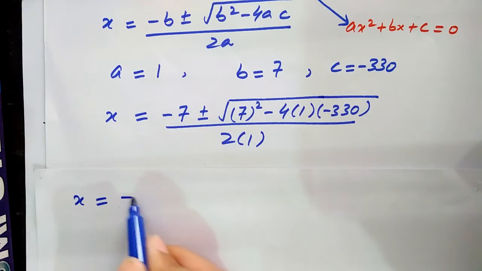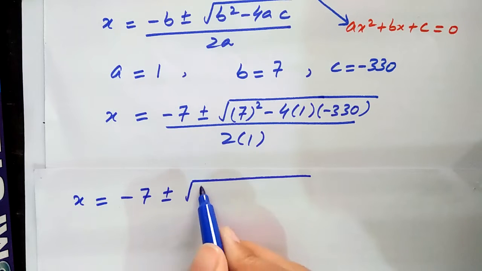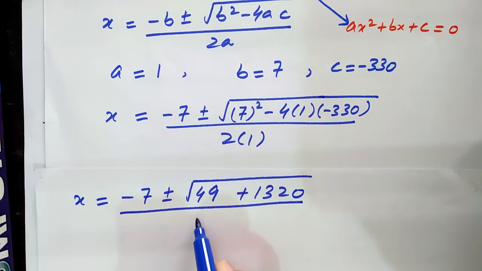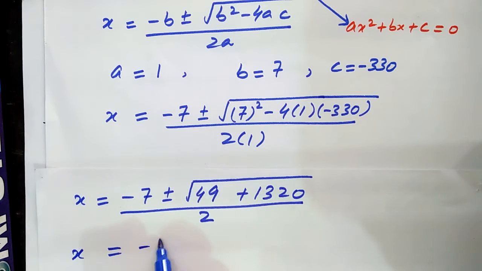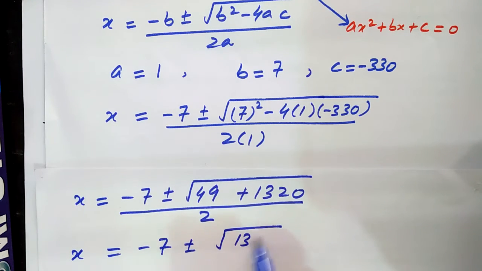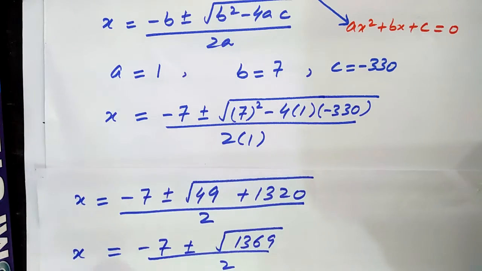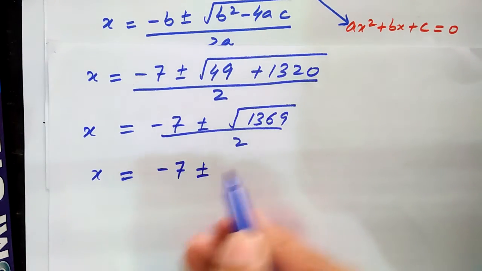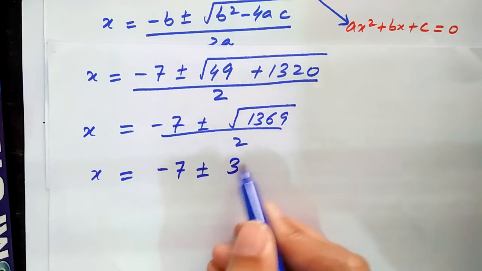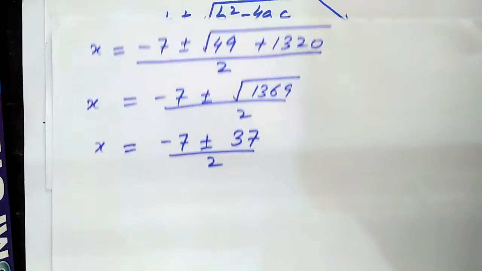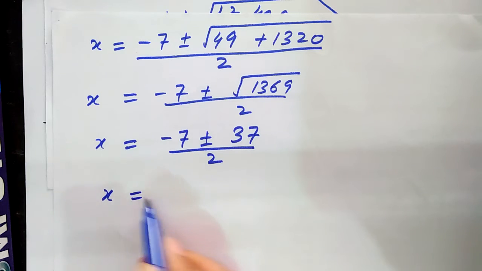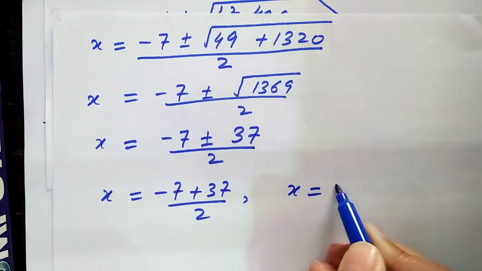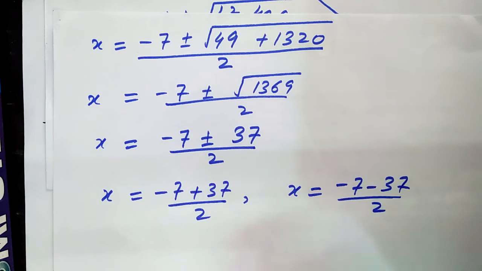So x will be equal to minus 7 plus minus square root of 49 plus 1320, that is minus 7 plus minus square root of 1369, over 2. Since 1369 is a perfect square of 37, it can be taken out of the radical sign. So x can be minus 7 plus 37 over 2, or it could be minus 7 minus 37 over 2.